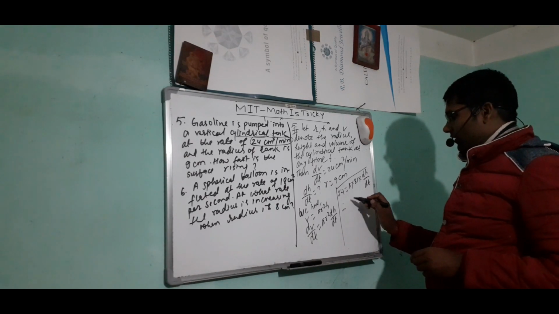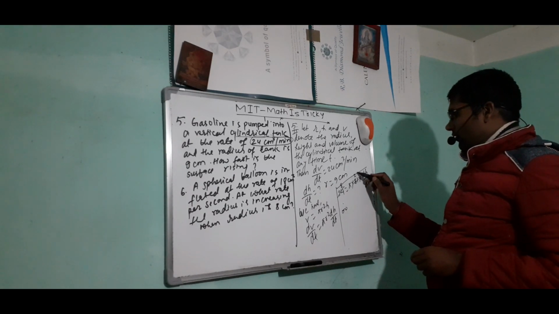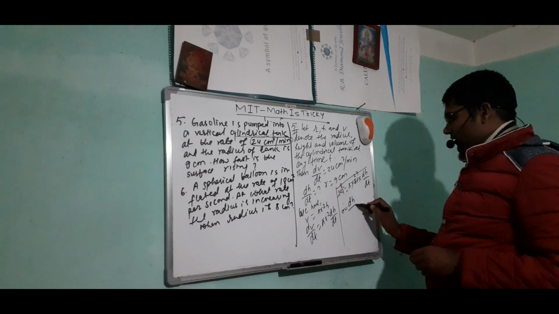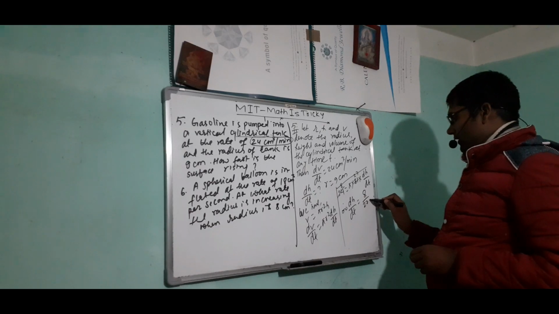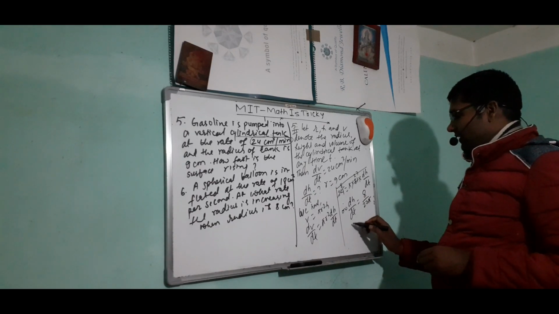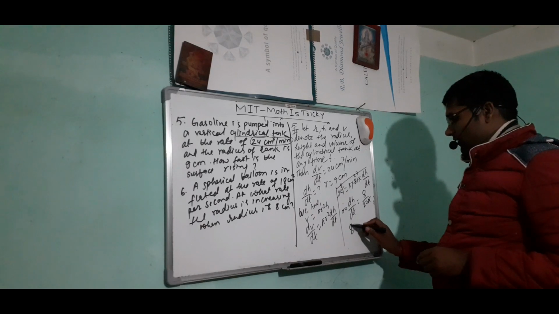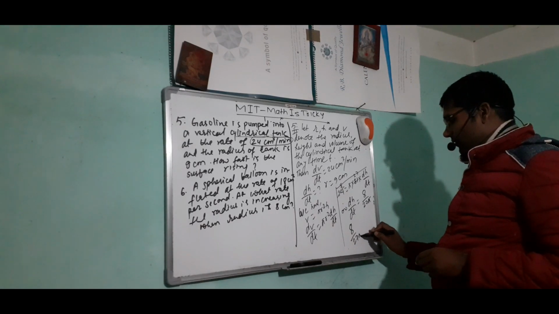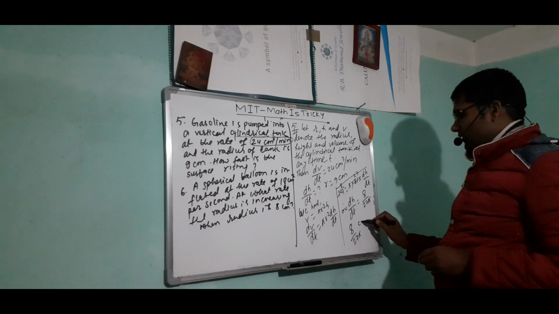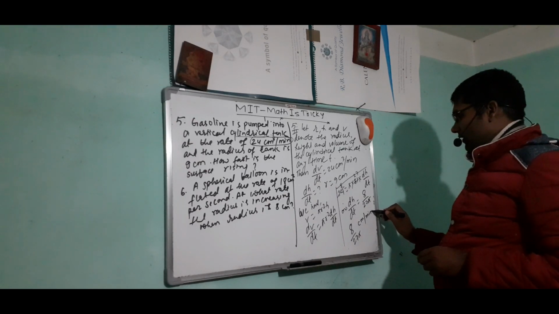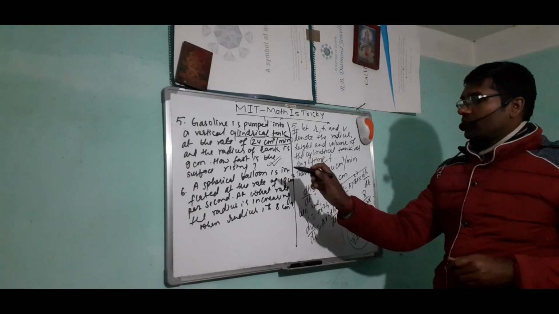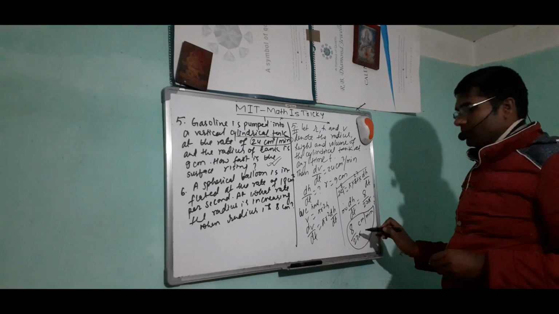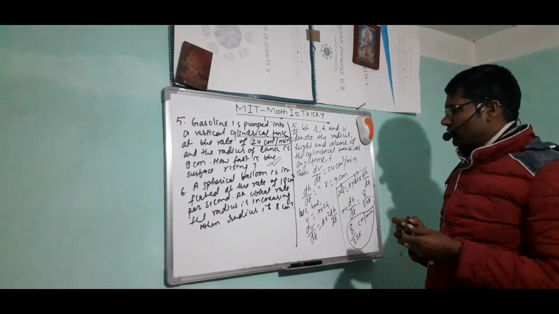If we simplify this, it is 8 and 27. It means dh by dt will be 8 by 27 pi. The rate will be 8 by 27 pi cm per minute. It means the surface will be rising at the rate of 8 by 27 pi. This is our answer.